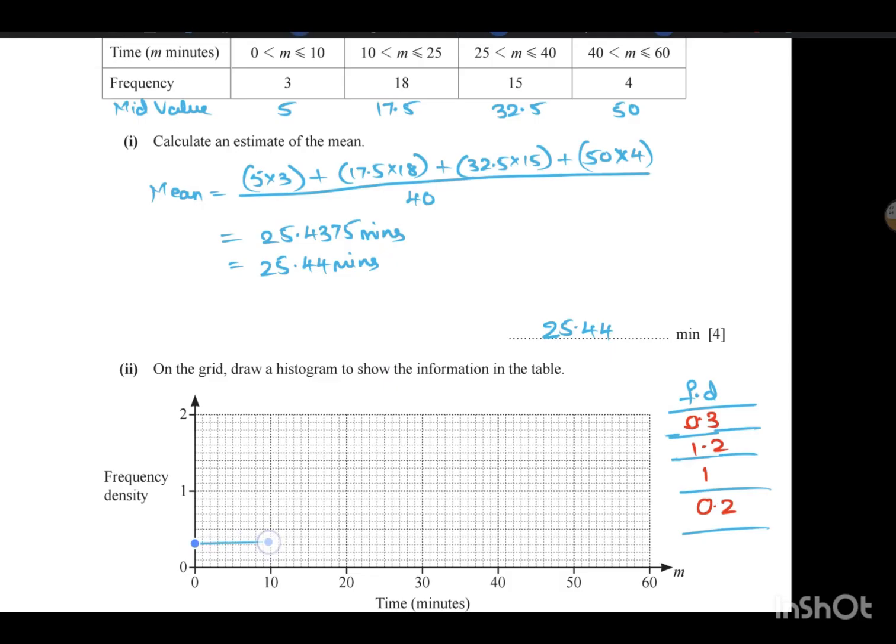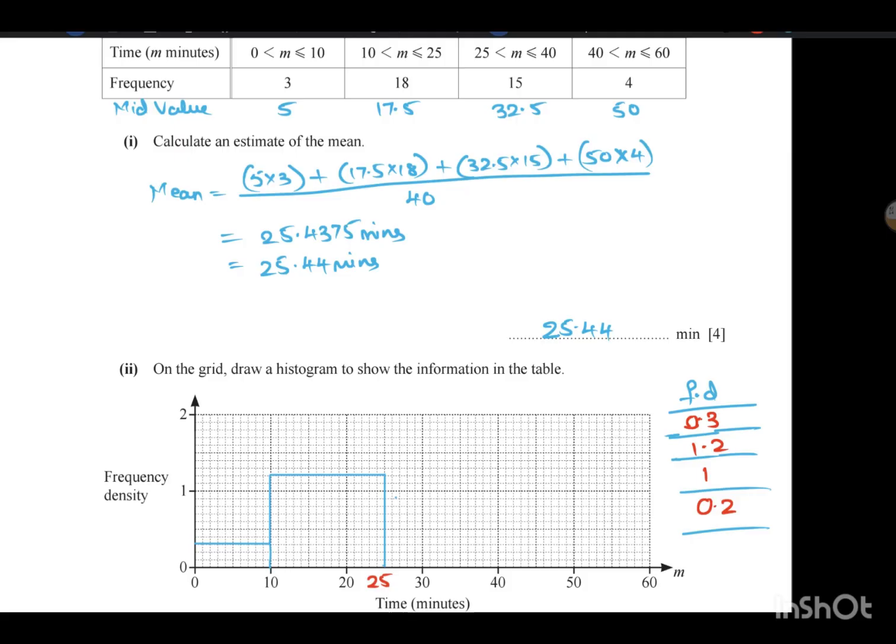And then 10 to 25 will be till here. So that should be 1.2. So after 1, this line should be till here, 1.2, till 25. This is 25.